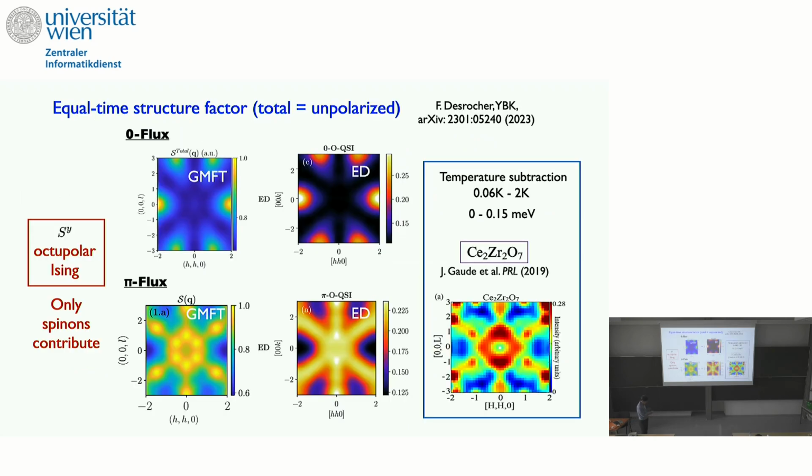So going back to the experiment, this is the experimental data from Bruce Gaulin's group. It's the Fourier transform of the equal-time structure factor. And theoretically, we can compute this equal-time structure factor for the zero-flux state and the pi-flux state. Here we are only taking into account the spinon degrees of freedom.